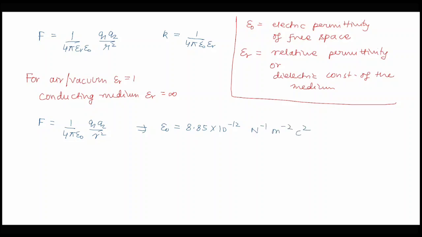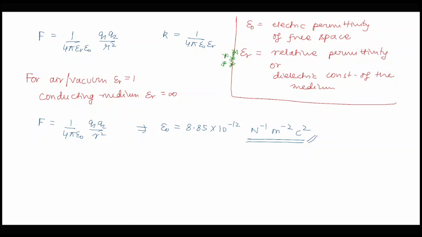So this is the unit of electric permittivity of free space, or simply permittivity of free space. Now we are going to discuss what this parameter is all about, and how it changes the nature of the force acting between the two charges.